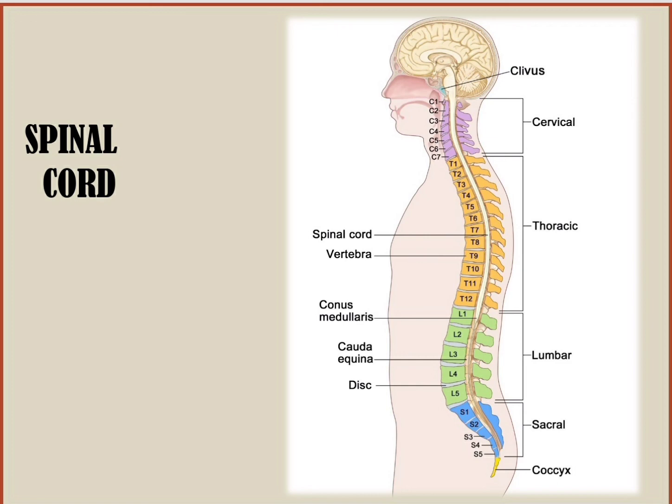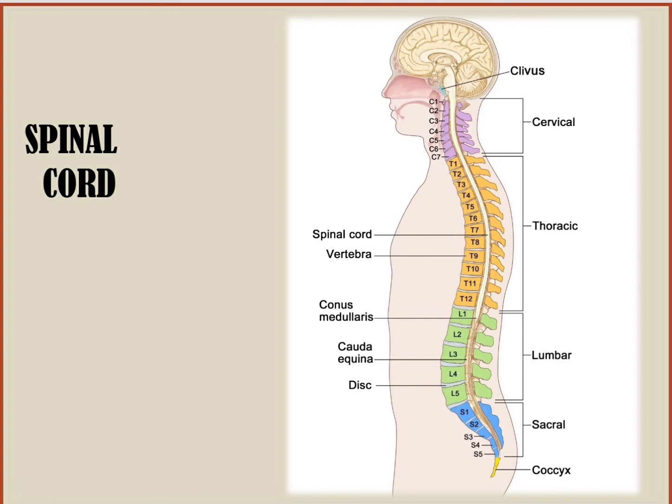Then you have the thoracic bones, that is from T1 to T12. They are your thoracic bones, and they are present in the thorax part of your body, that is in the chest region. Then you have the lumbar bones, L1, L2, L3, L4, L5. This is present in the abdominal part of your body.